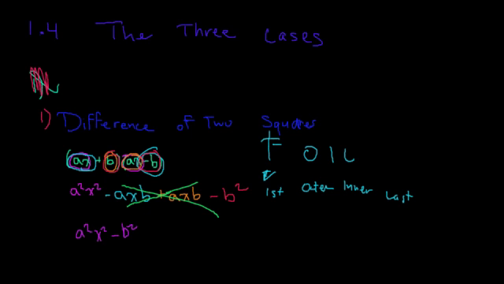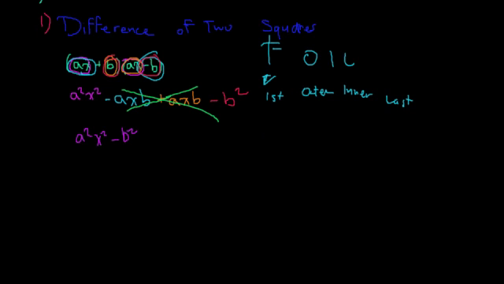So let's say, for instance, I'm going to take 5x minus 3, 5x plus 3. Let's FOIL it the hard way. So that's going to be 25x squared minus 15x plus 15x minus 9.